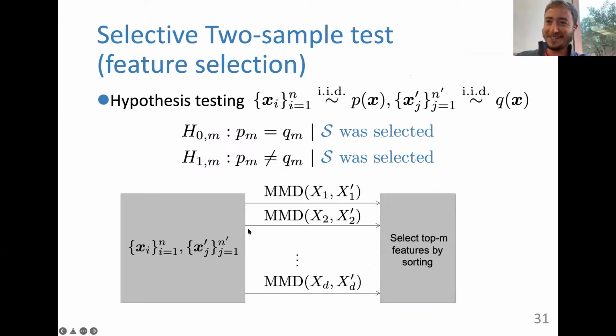Just one more question. Sure. Sorry, because I was confused. Should you also consider like x1 and x2 prime? Because x1 is not necessarily matched to x1 prime, do you see what I mean? Because if P and Q are different, why would the first feature be mapped to the second feature?